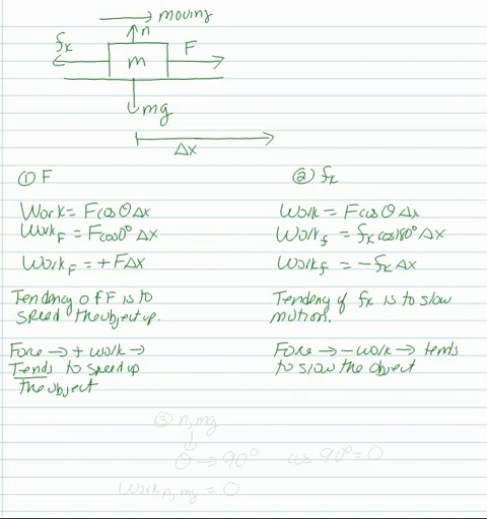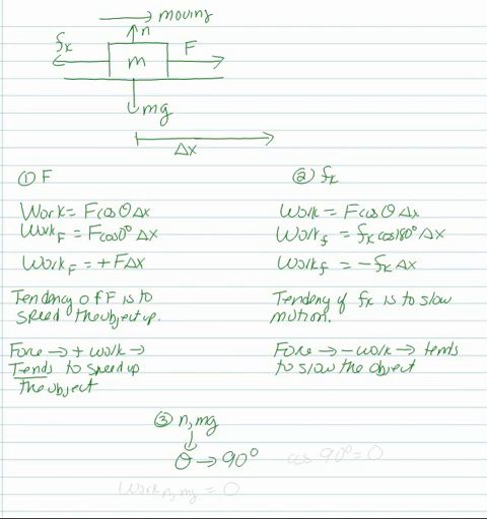Let's look at N and mg, and we can look at them together. Both of those, if you look at the relative angle between N and delta x and mg and delta x, they're perpendicular to each other. So the angle between N and delta x and mg and delta x is 90 degrees.